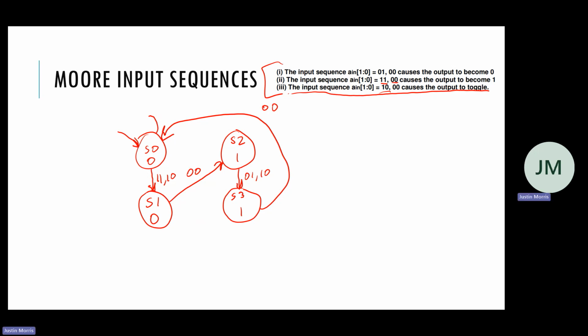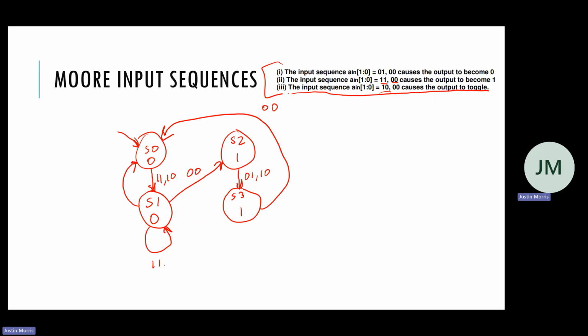But for S1 and S3, we have to add some transitions. Because if we get 1, 1, but we don't get 0, 0 afterwards, we have to go back to the other state. So if we have anything but 0, 0, well, we also have to cover the case.